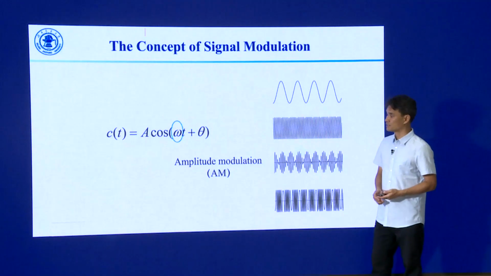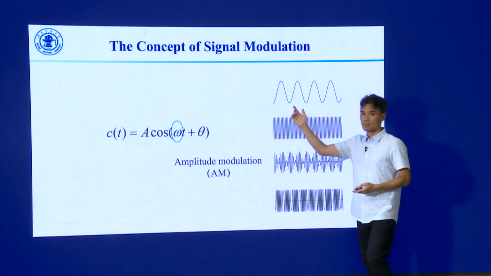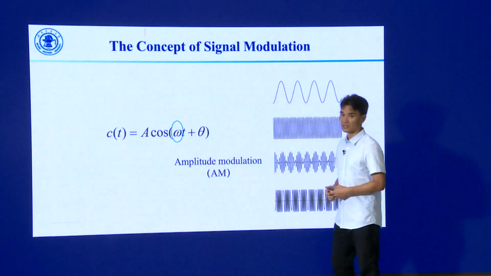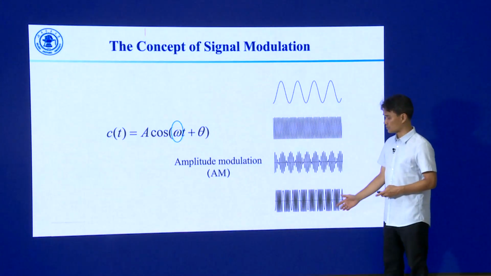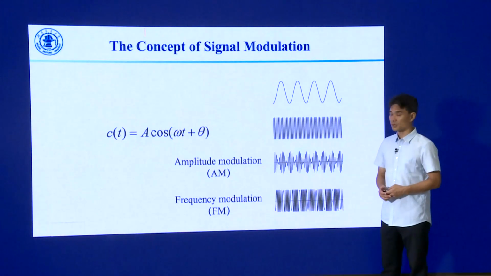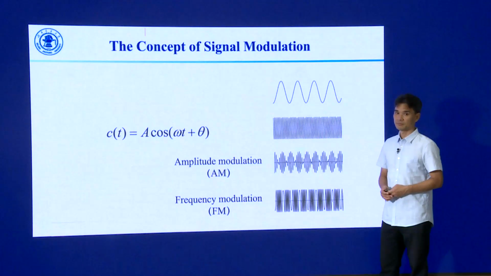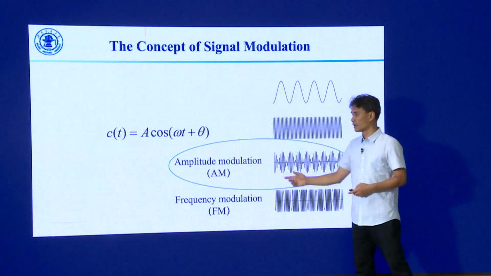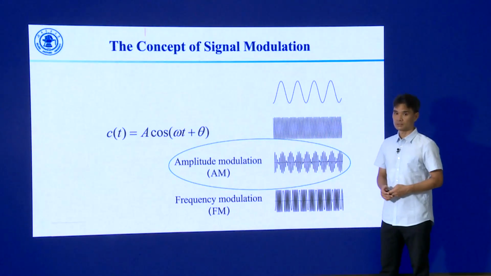And in case we use the modulating signal to change the frequency of the carrier, then we're going to get a new signal like that. And this method is called frequency modulation. In our course, we're going to focus on amplitude modulation.